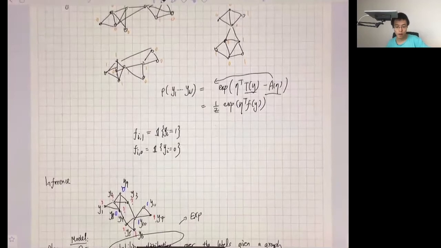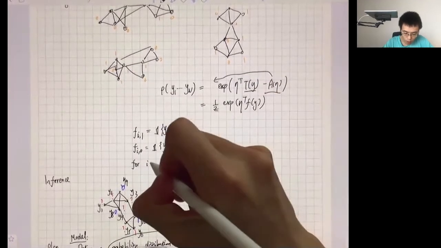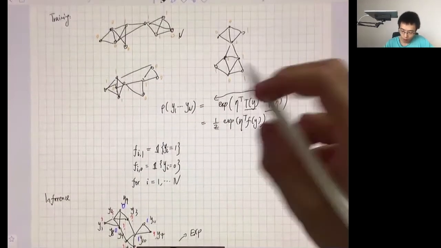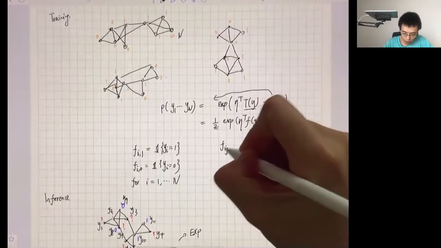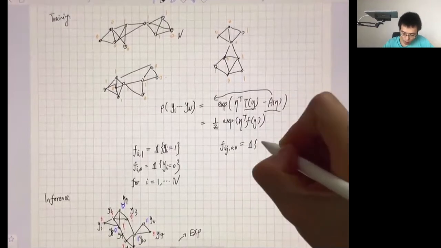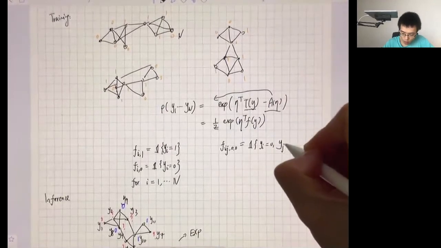The second set of features is the pairwise features, because we mentioned that two people connected are more likely to have the same polarity. Then I would say, for i from 1 up to n, suppose we have n nodes in total, the second set of features is f of ij. Being 0, 0 is whether yi is 0 and yj is 0.